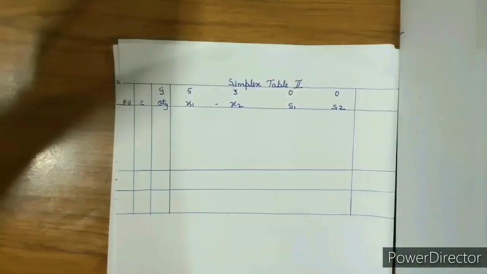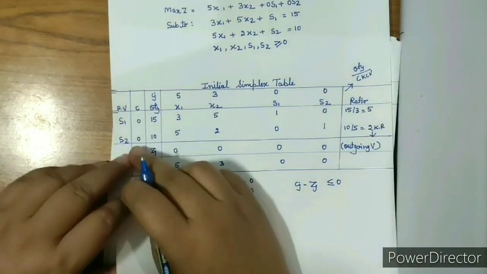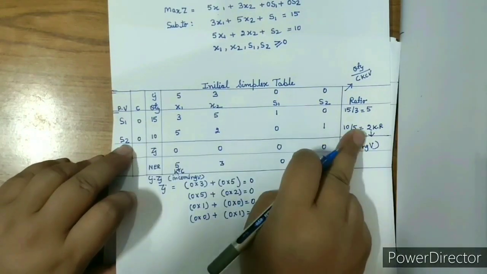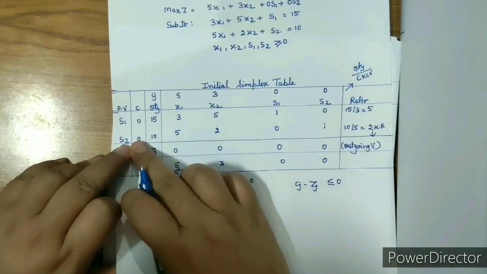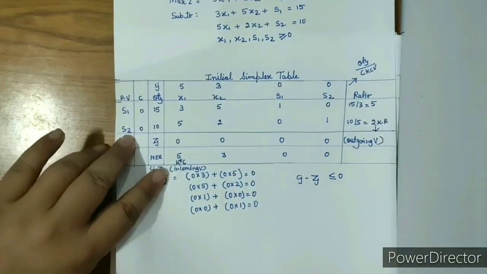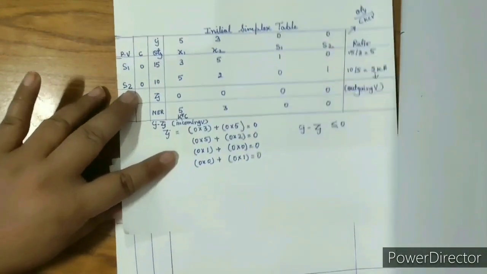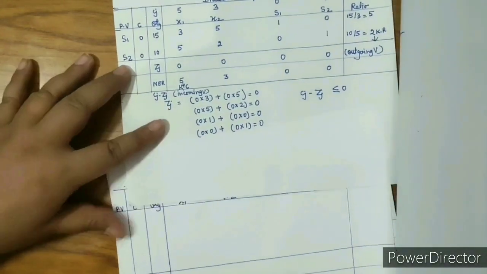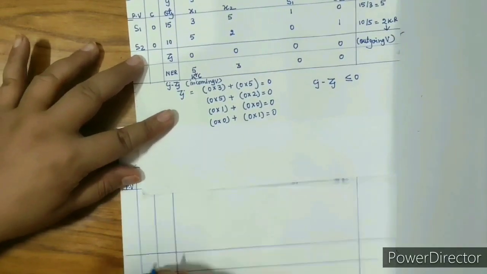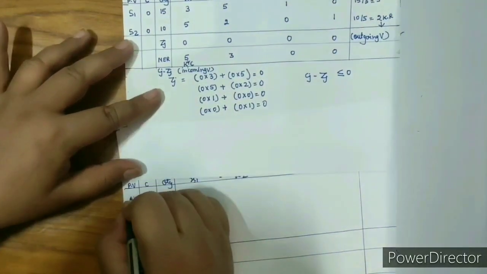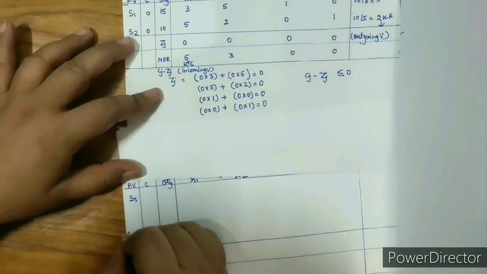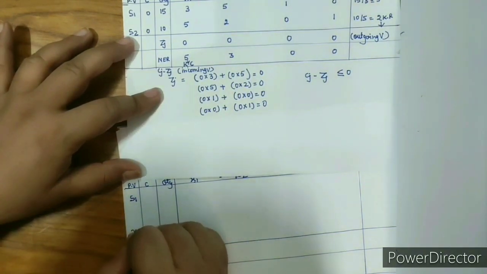Now, in our first simplex table, s2 is outgoing variable and it is replaced by x1. So we write here x1, s1, and instead of s2 we write x1.